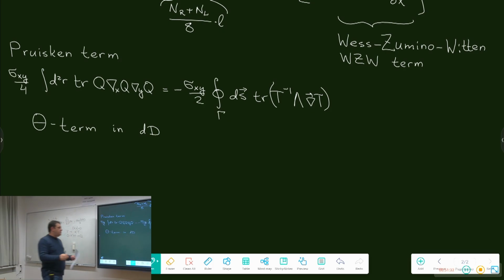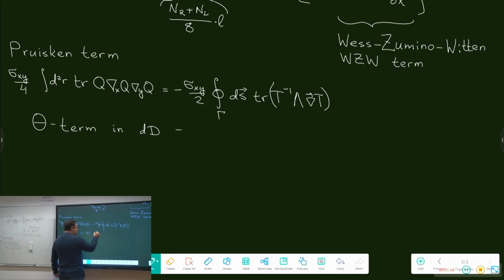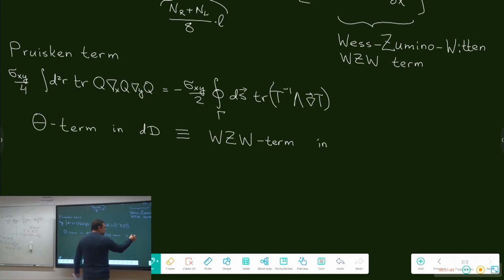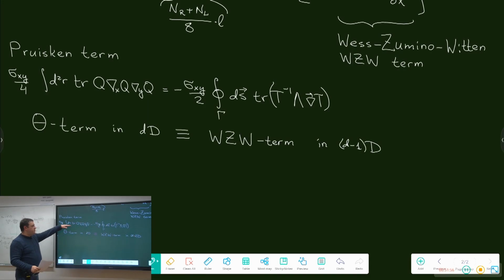Theta term in d dimensions is literally the same as the WZW term in d minus 1 dimension. In 2 dimensions, we have a Pruskin term.